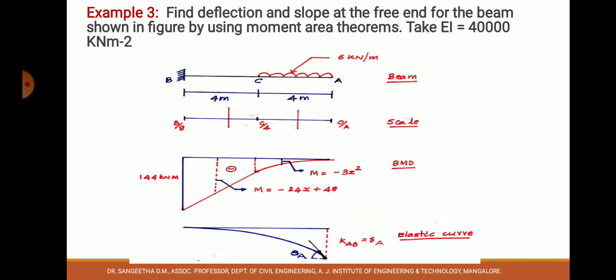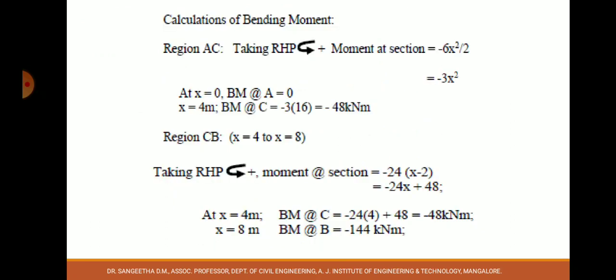Next, going for the section BC. For section BC, there is a UDL and there is nothing else. Again, the right hand side section you are going to consider. W into x minus 2.